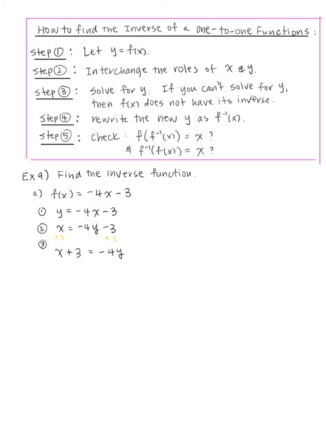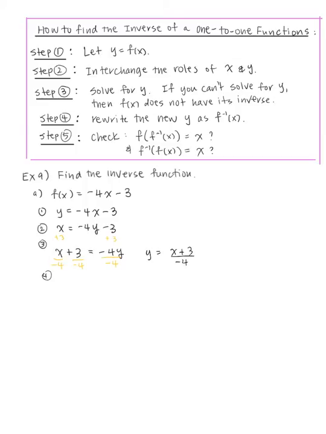You can divide the whole thing by negative 4, or you can divide each term by negative 4, which is the same as over negative 4 and over negative 4. Either way, if I solve for y, we have x plus 3, whole thing over negative 4.